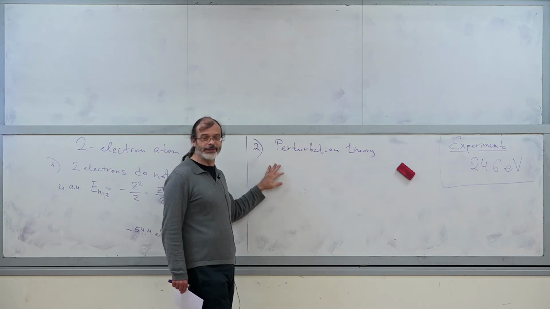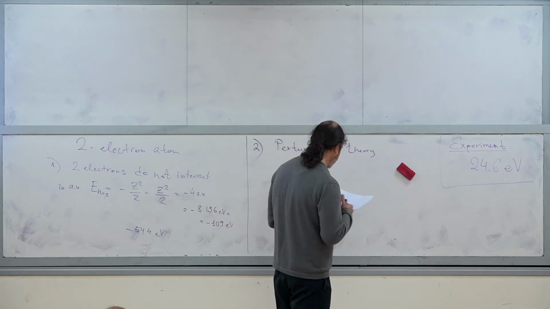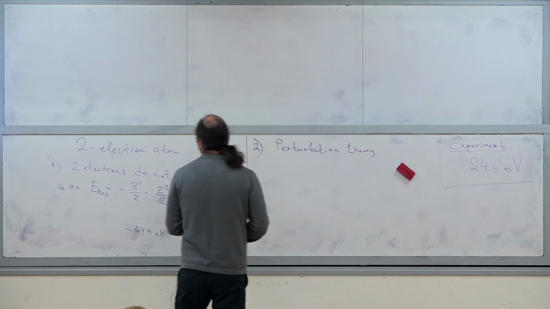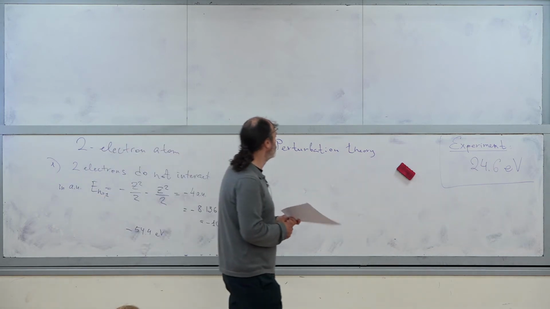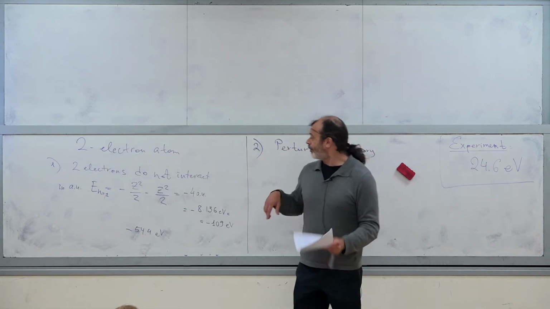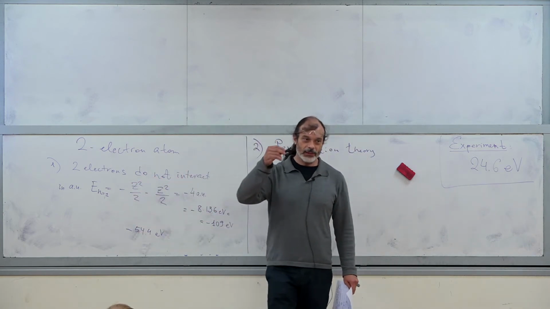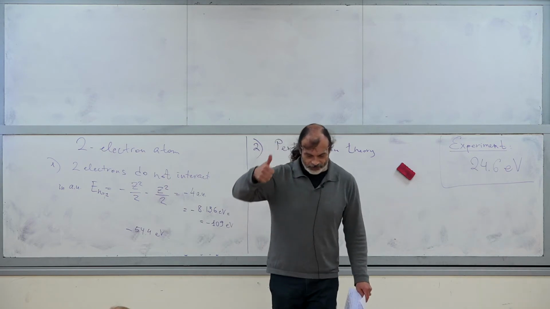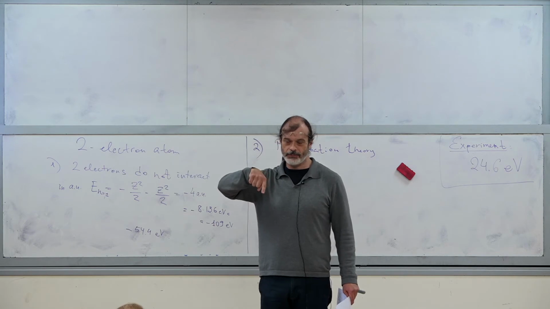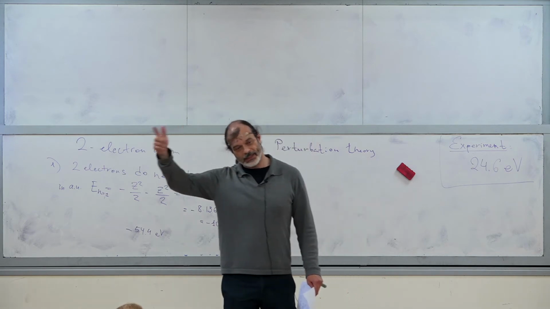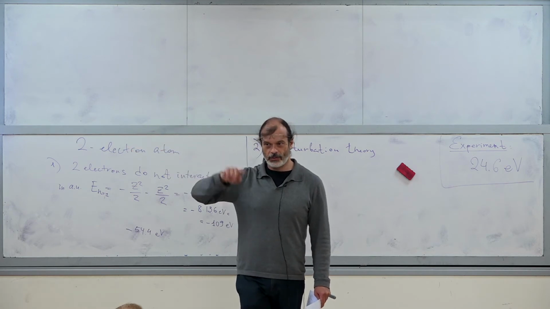So let's consider this interaction as a perturbation theory. So of course, what is the perturbation, right? So we essentially assume the Hamiltonian is the sum of the kinetic energy of the electron plus the Coulomb interaction of the electron with the nucleus, plus the kinetic energy of the second electron and the Coulomb interaction of the second electron with the nucleus.